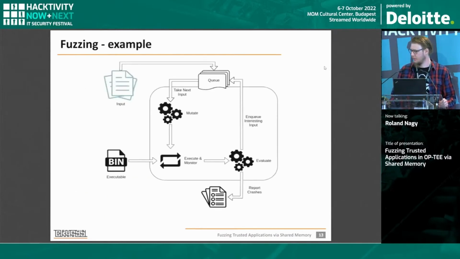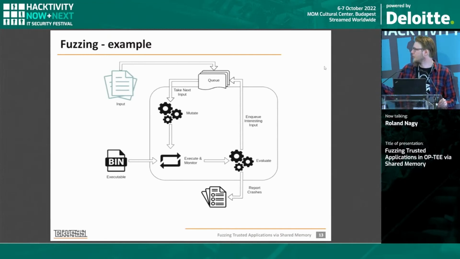So I brought this image to explain the general workflow of a fuzzer. First we have our input files, they are placed in a queue. Then we have our executable, and first we pick one input file from the queue, mutate it somehow, like replace a byte with something random, flip a bit, or append some junk to the end of the file, things like that.